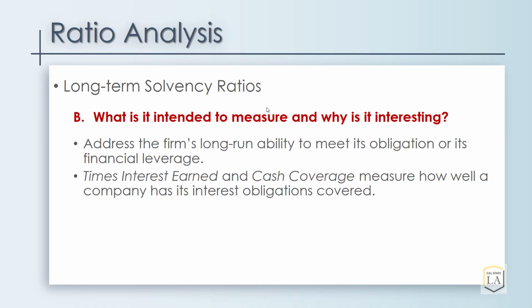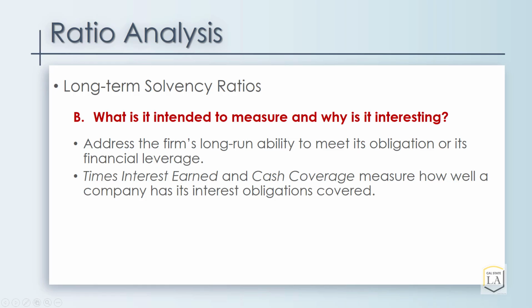Now, the next question is, what are we trying to measure with the long-term solvency ratios? So both groups are trying to address the firm's long-run ability to meet its debt obligation or its financial leverage. So in that sense, both are measuring the same thing. However, the first group, those from the balance sheet, would be trying to measure the proportion of liabilities.